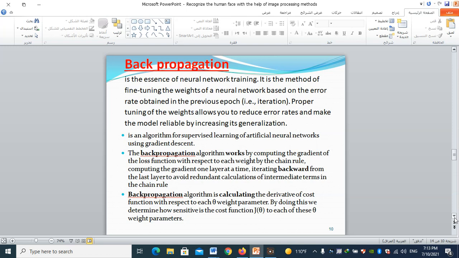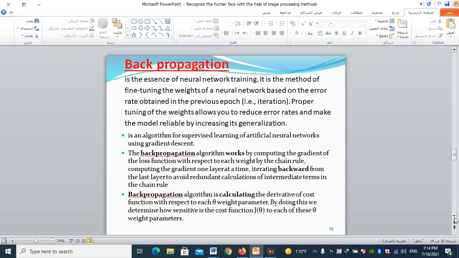The backpropagation algorithm works by computing the gradient of the loss function with respect to each weight by the chain rule, computing the gradient one layer at a time, iterating backward from the last layer to avoid redundant calculation of intermediate terms in the chain rule.